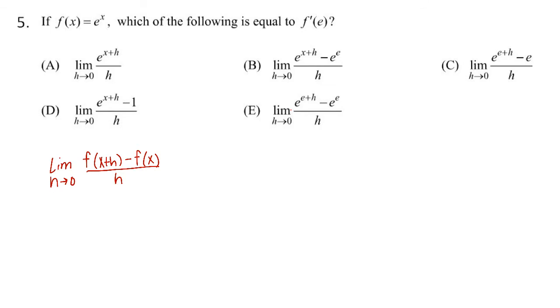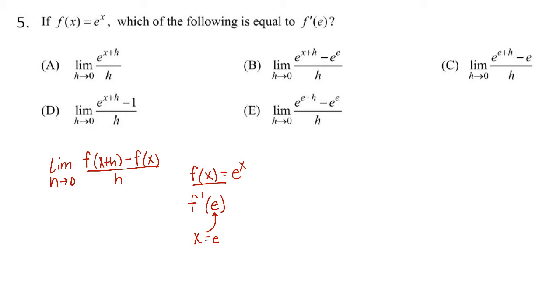Now we're told in this particular problem that our function is e to the x, and we're looking for f prime at e. So f prime at e means I need to replace my x value with e. So f of x is also e to the x.